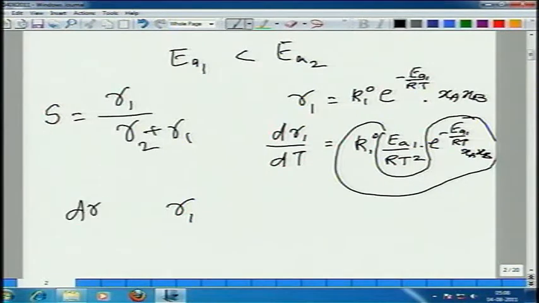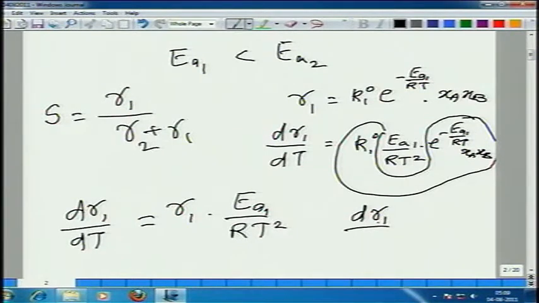So dR1 by dT is equal to R1 times energy of activation divided by RT square. dR1 by R1, this is the percentage change in reaction rate, is equal to EA1 by RT square times dT. What is this expression saying?